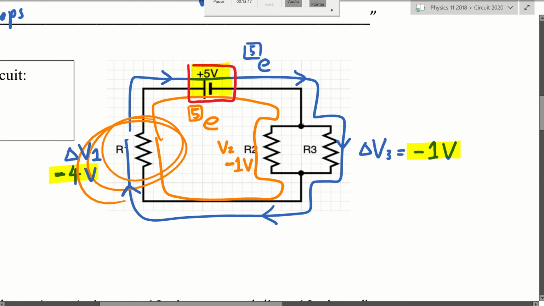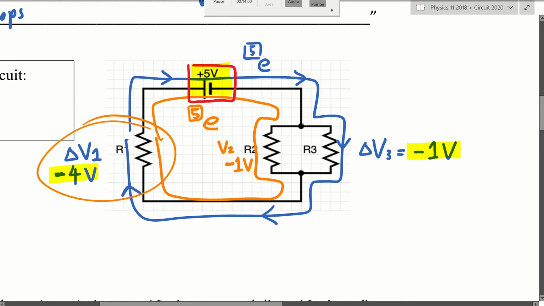So they drop the same amount at R1. Now the only difference between the blue and the orange electron is the blue electron goes through R3, the orange electron goes through R2. But they have to drop 4 at R1 regardless. So they only have 1 more pizza left, and each of them only has 1 station left, so therefore they must drop the remaining pizza over there.